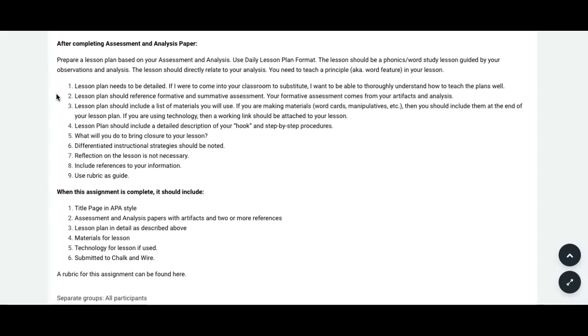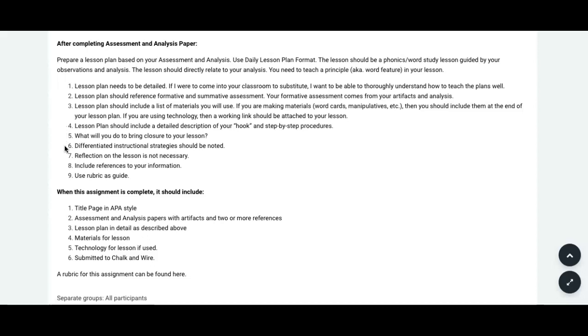The lesson plan should include a detailed description of your hook. How are you going to pull that group or that child in? And then you're going to have step-by-step procedures. What will you do to bring closure to your lesson?